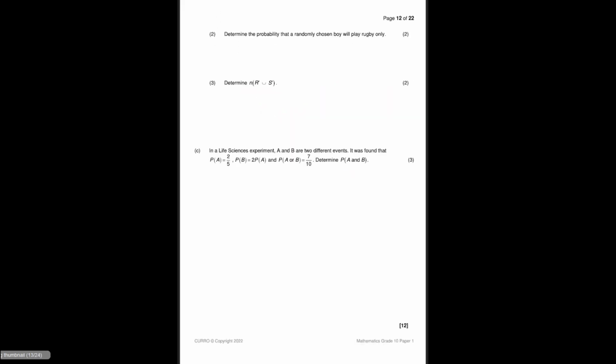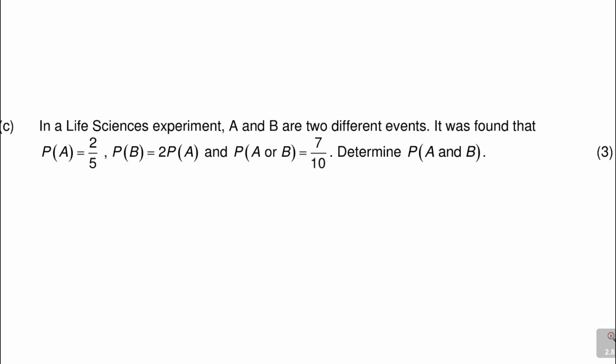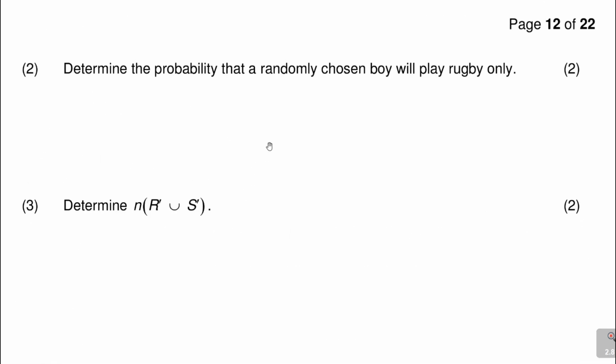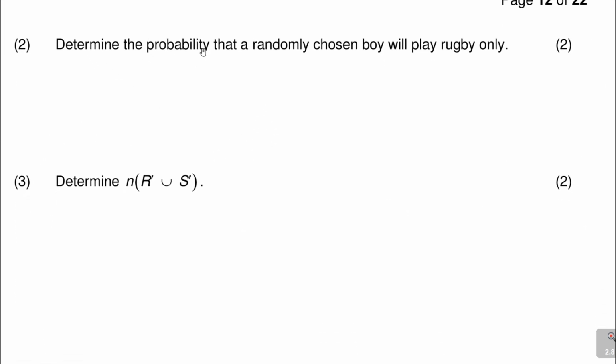Alright, now moving on, as I say, this is part 2, just to save time, not to make this video too long. Determine the probability that, okay, it continues. Determine the probability that a randomly chosen boy will play rugby only. So this boy is going to play rugby only. You see? Only rugby.